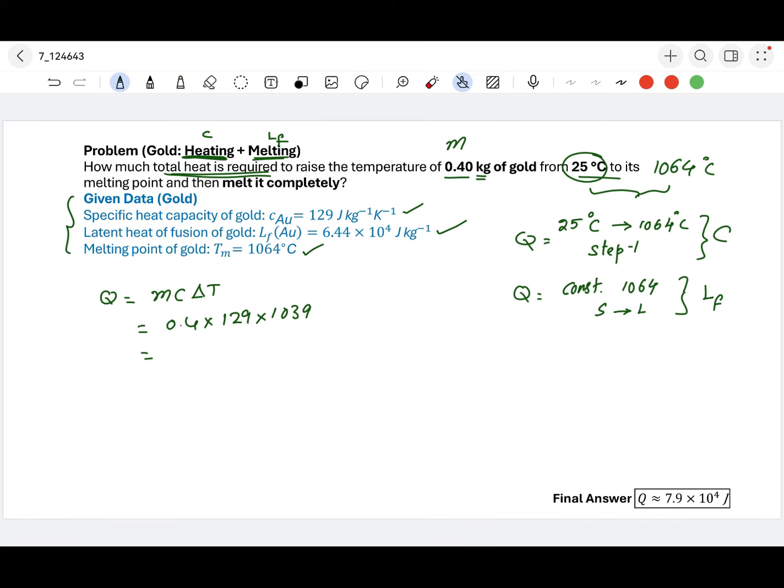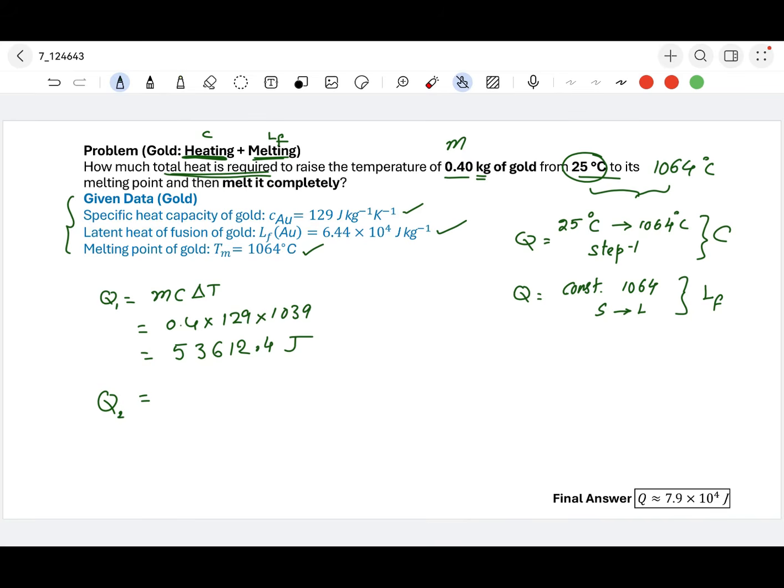So 0.4 times 129 times 1039, the answer is 53612.4 joule. This is case 1, heating.